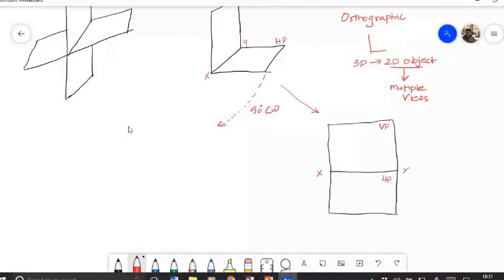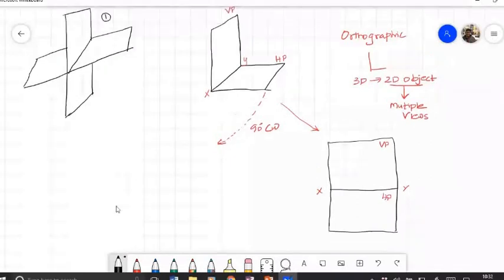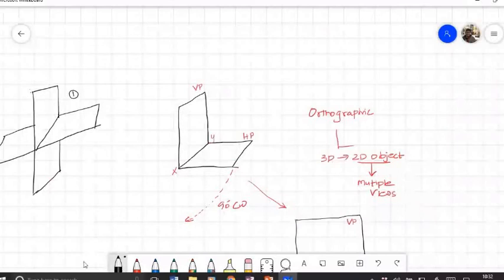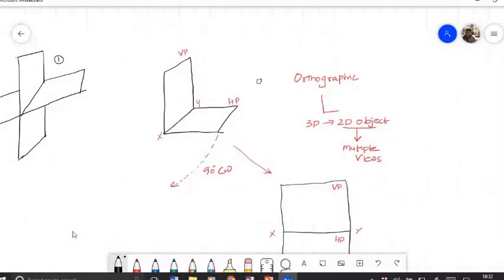Okay. So what about the front view? As I told you before, while taking the front view, the position of the observer will be parallel to the vertical plane. So you will get the front view somewhere here. Am I right? Yes, sir. Okay. When you want to take the top view, the position of the observer will be perpendicular to the horizontal plane, something like this.